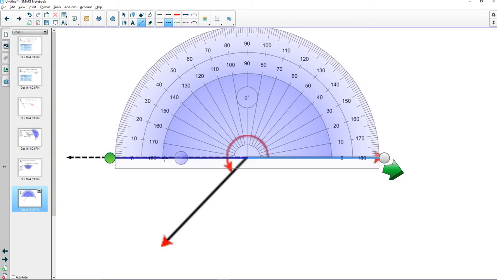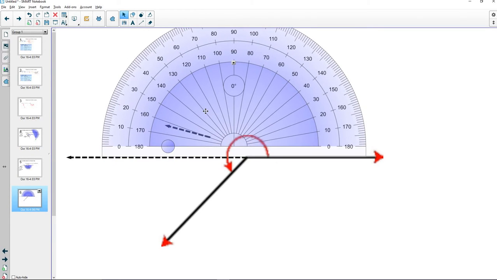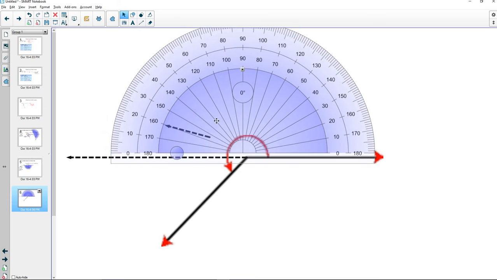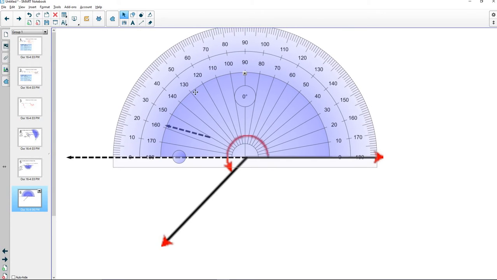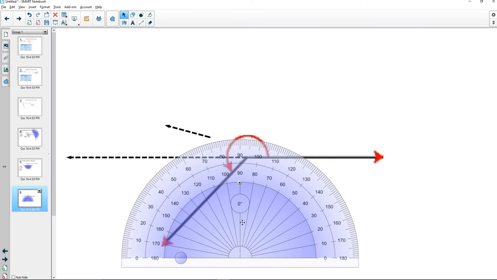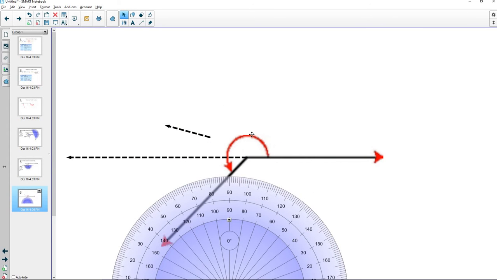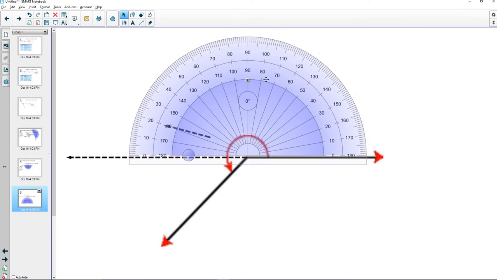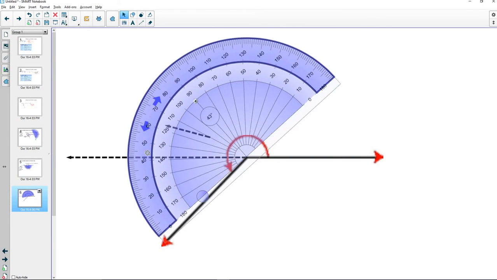We'll draw this out. When you're drawing, a good tip is you can always use your protractor, the bottom of it, to draw the straight line. Okay, so now we know this part in here is 180. This part here is 180. So let's try finding what the other part might be.